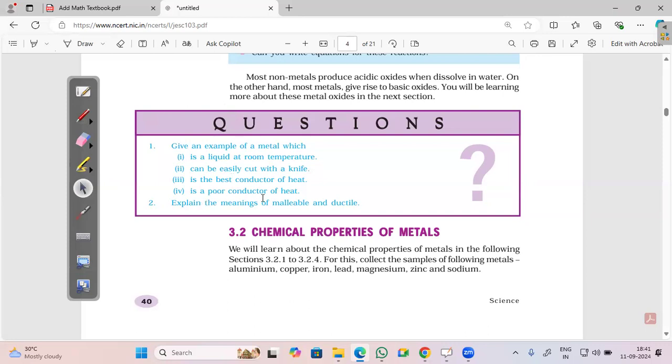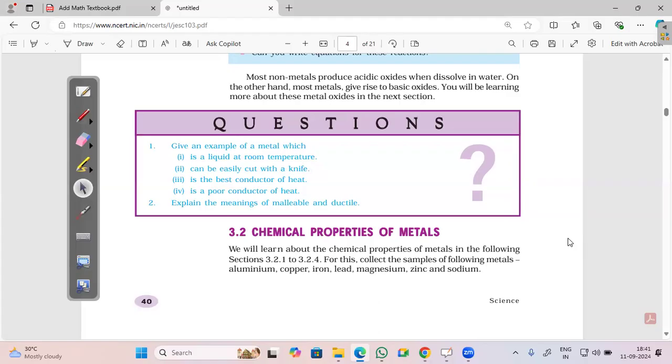Yeah. The meaning of malleable and ductile will be explained by Moksha. Explain the meaning of malleable and ductile.